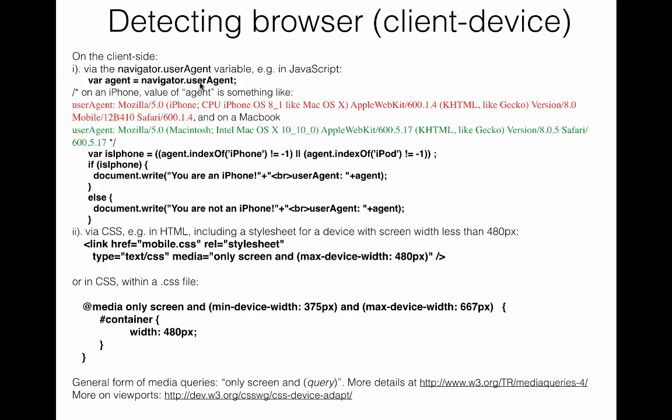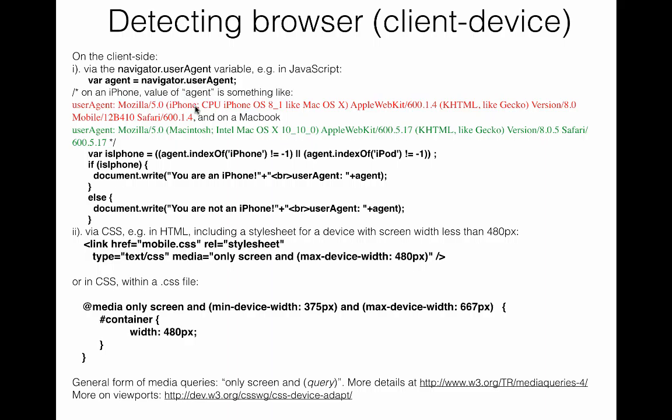So navigator.userAgent will return an object with information about the user agent. The client that is requesting web pages is called the user agent in the web protocol convention. So what's the value of navigator.userAgent? What's the value of this variable that belongs to the navigator object?